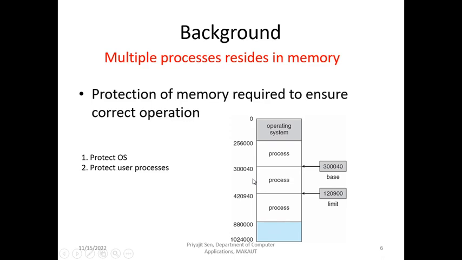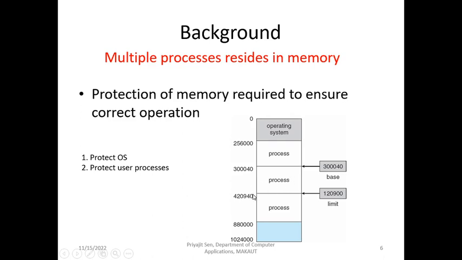Okay, we may consider that for this particular user process, the base address is the starting location. Suppose this is process 1, this is process 2, and this is process 3. For process 2, we can say that the base address location is 30040, that is here, and the limit is there.